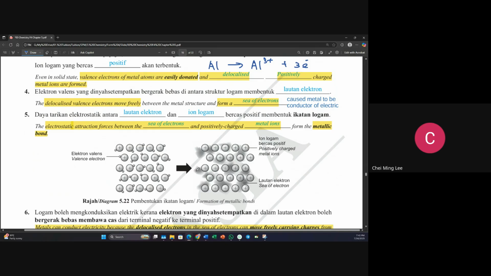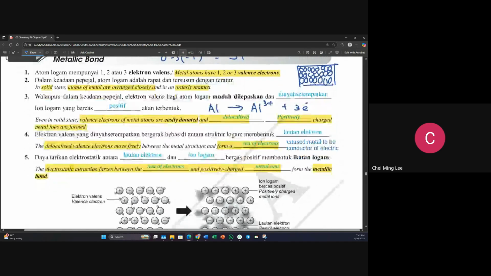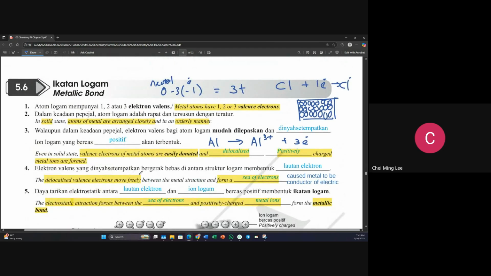It looks like a magnet, so that's why we sometimes call it an electromagnetic field. You understand? This one you don't need to draw. Just write this one down only.